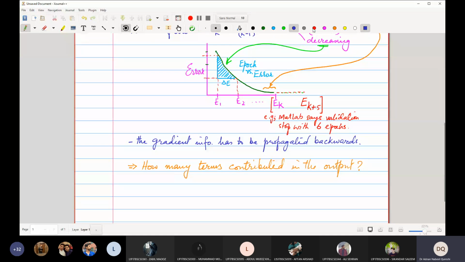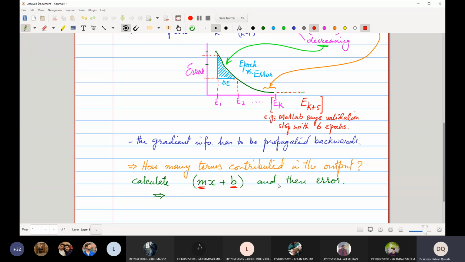For example, we have been discussing from day one that the output of our linear regression is mx plus b, which will give us the output, and we will subtract it from the target and calculate the error based on this. Now this implies that the error depends upon the coefficients, which are m and b.